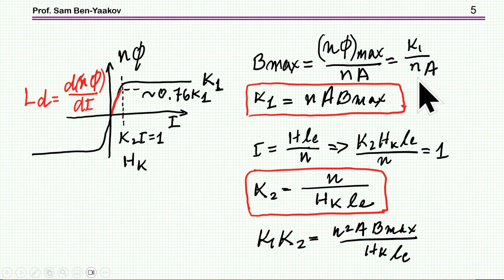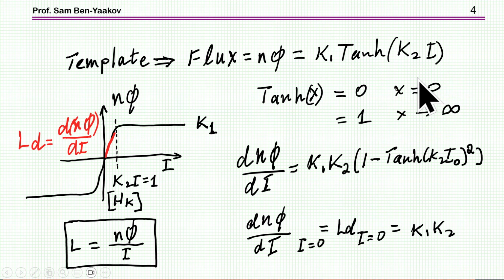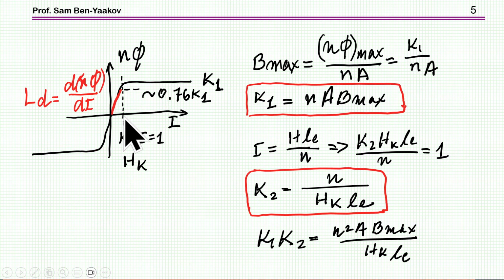And then there's another point we can choose, and that is when this function is 1. When this function is 1, then we have a tangent hyperbolic of 1, and as it turns out, when the tangent hyperbolic is 1, we get to 0.76 of the maximum. Okay?